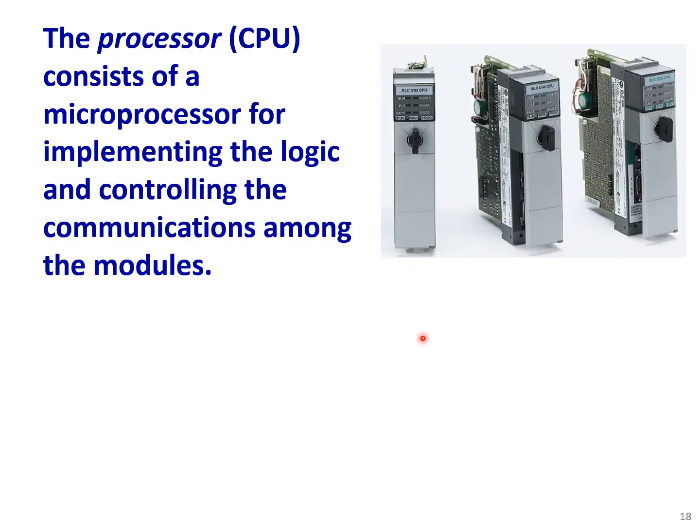The processor CPU consists of a microprocessor for implementing the logic and controlling the communication among the modules. So the CPU gets input data and updates the output modules and does the processing based on the program in the memory.